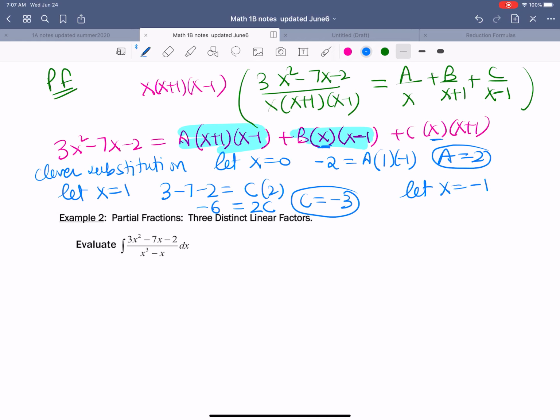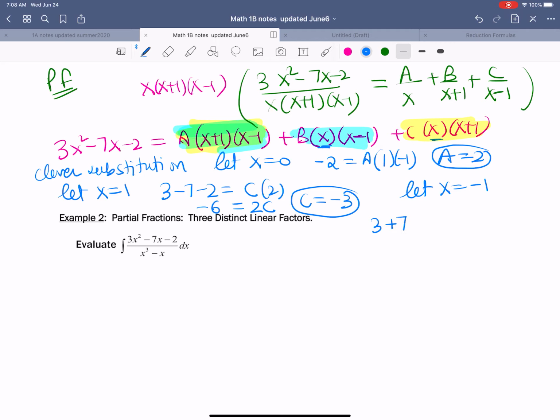If I let x be negative 1, then all the factors that contain x plus 1 will turn into 0, and I will be able to find out the b. If I let x be negative 1 on both sides, let's see, what does it turn out to be? 3 times negative 1 squared is just 3.